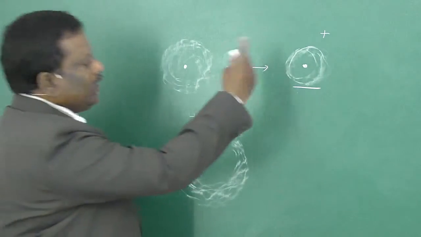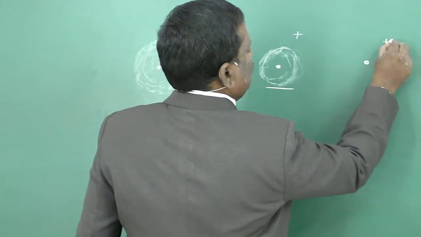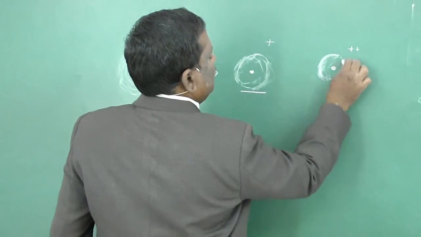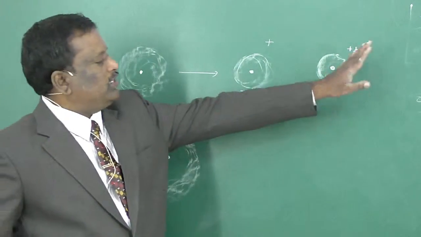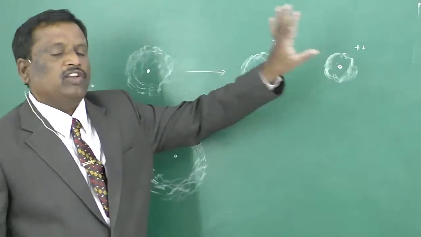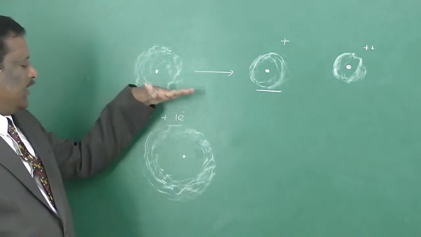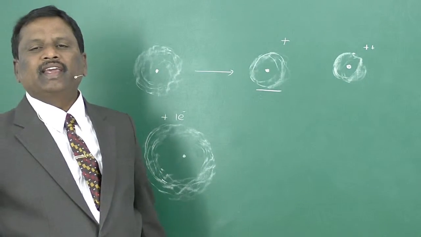If we remove another electron, then you will have 2 units of positive charge, and the electron cloud shrinks further. That means as positive charge increases, the size of the ion gradually decreases. As negative charge increases, the size of the ion gradually increases.